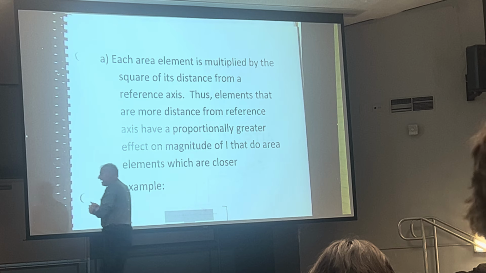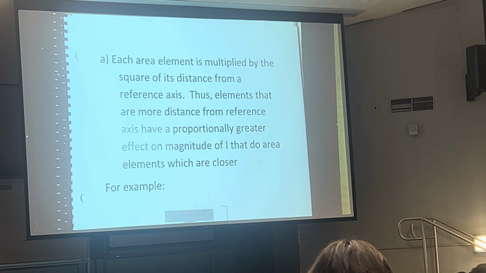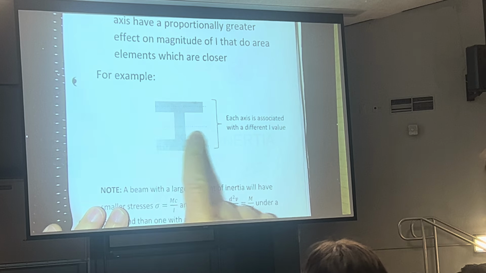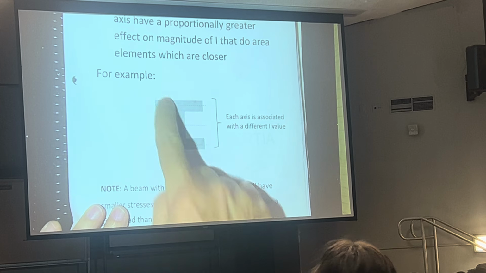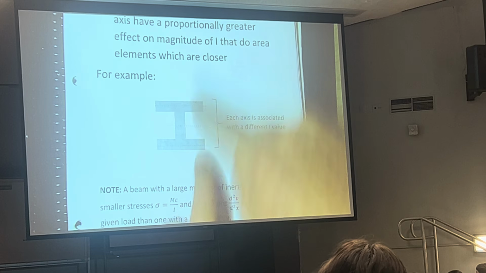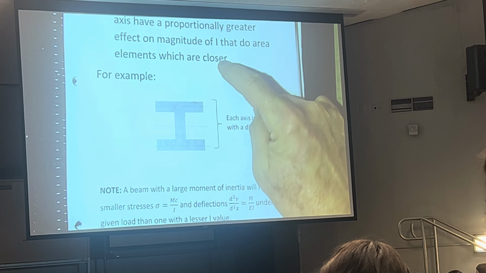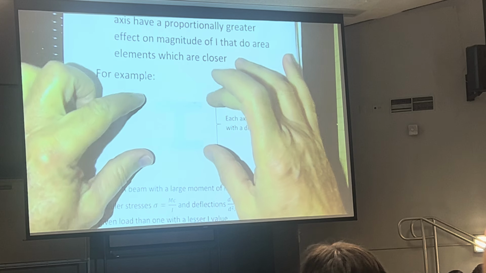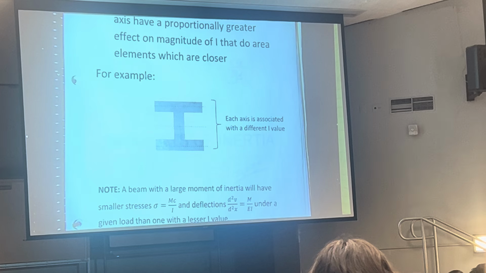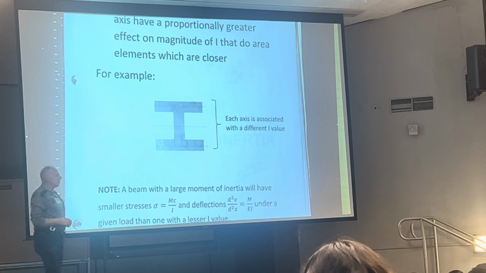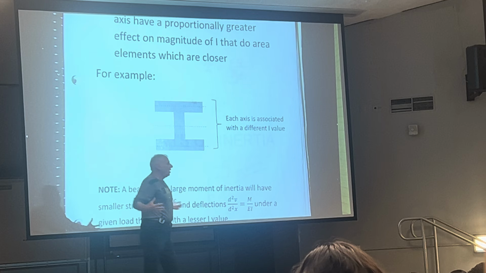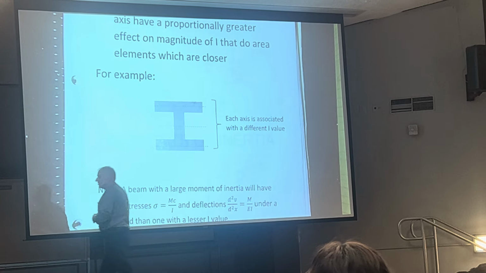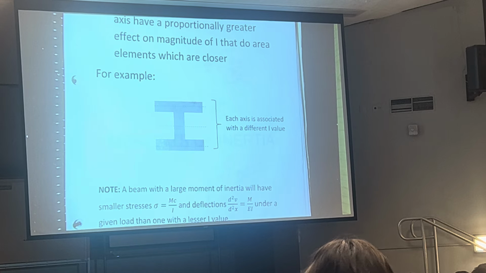That's why the I-beam is so significant. Because if this is the axis in question, notice I got a ton of area further away from this axis. That is the beauty of the I-beam. For any given size, it creates probably the largest I value you can create. That's why engineers love the I-beam. The I-beam is used a lot because of that.